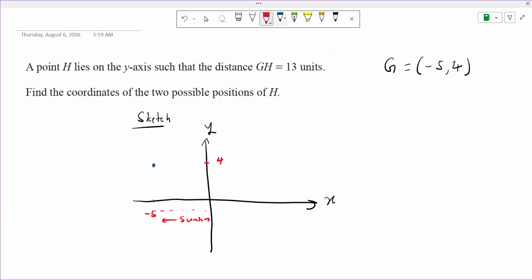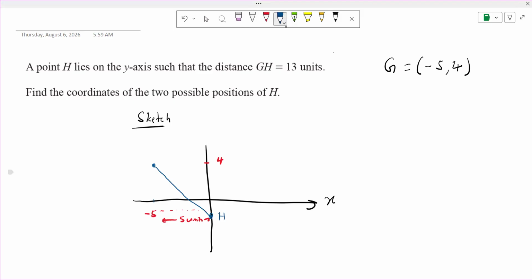So to get a length of 13 to the y-axis, we should have a slanted line like this. We just say that this is H. We don't know the H point yet, but we know that it should come downwards.